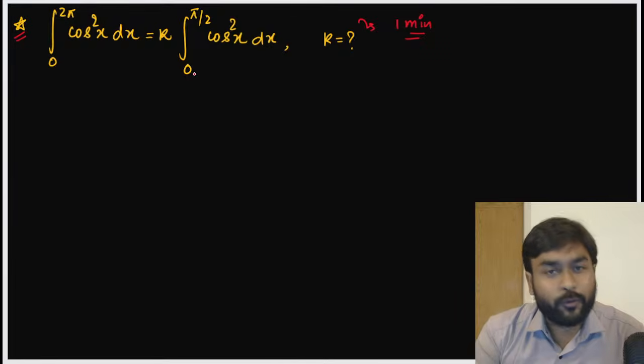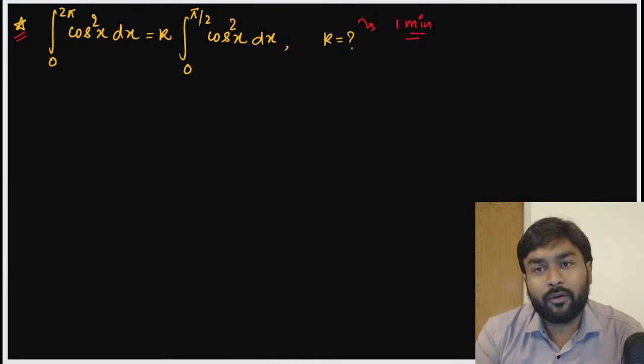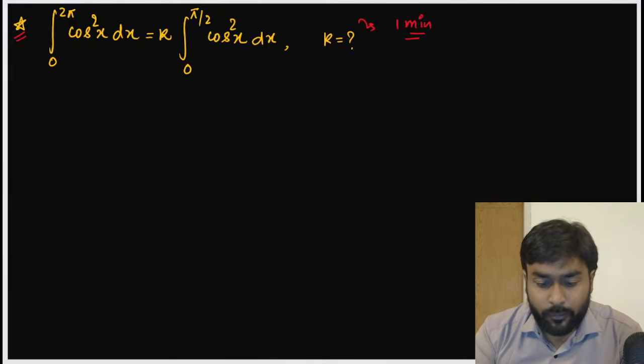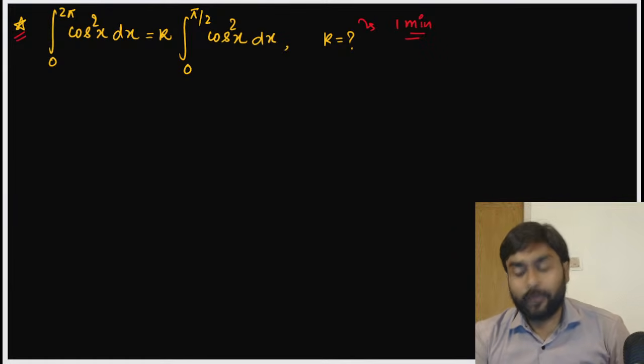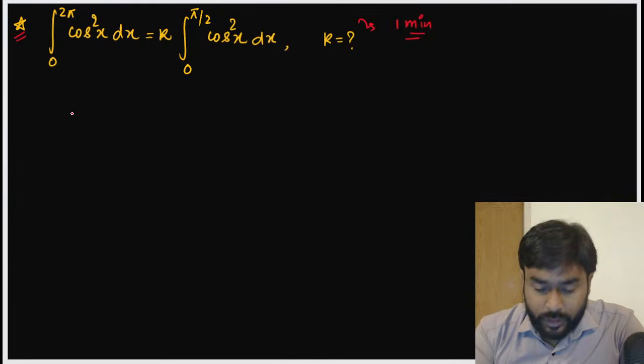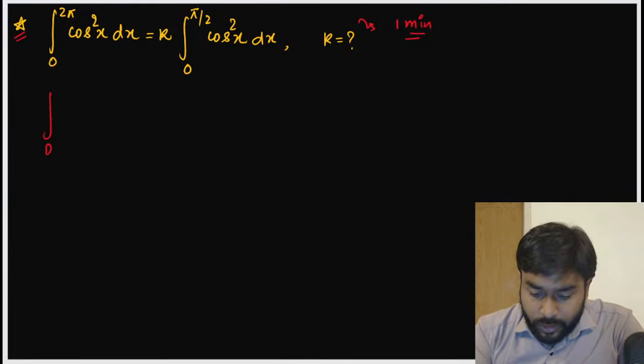Okay, someone is saying 4. We will check whether we get 4 or some other answer. Here we will apply one property: the integral from 0 to 2a of f(x) dx.